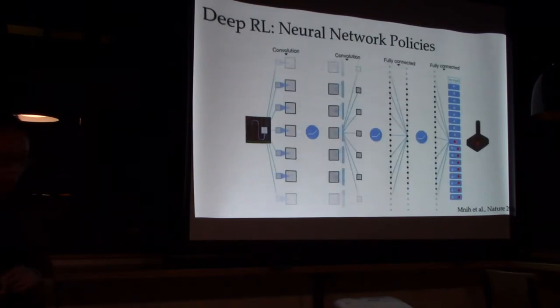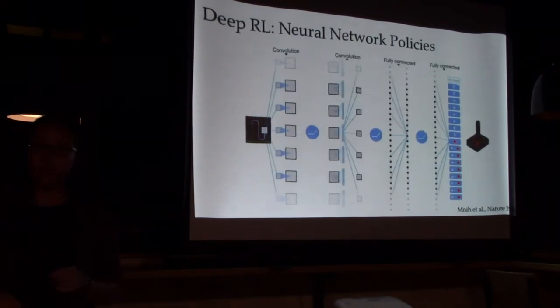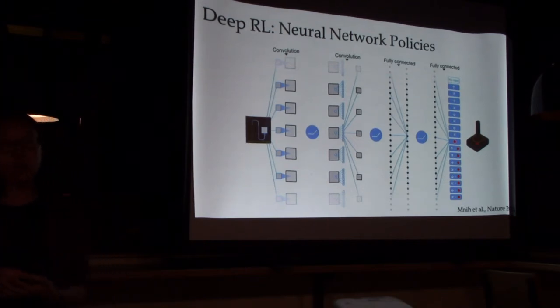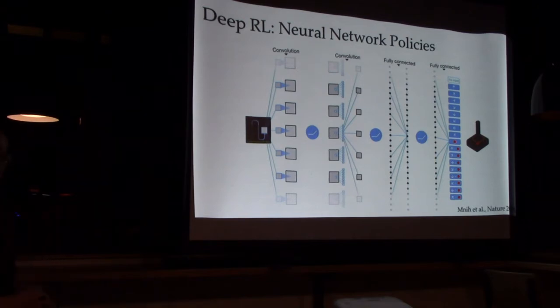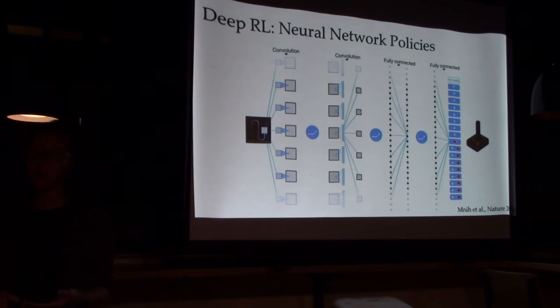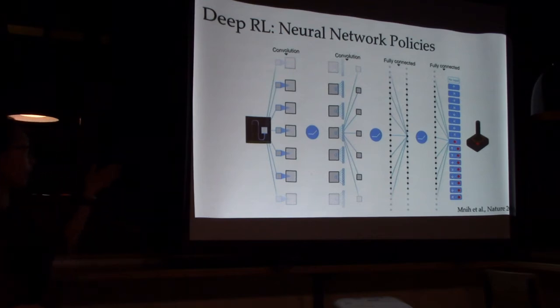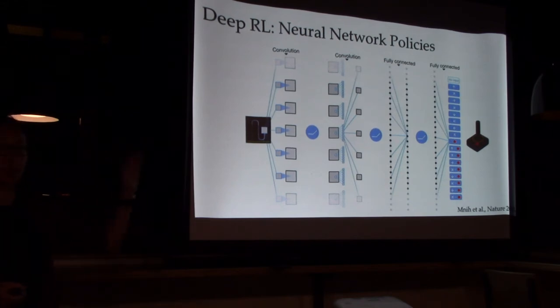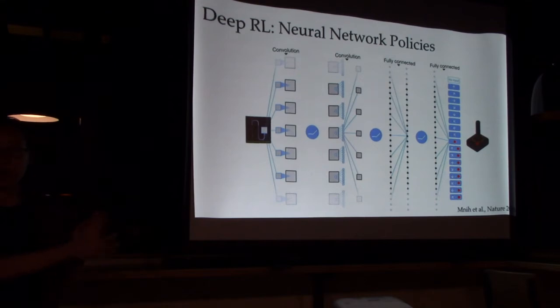And so what we were looking at specifically was deep reinforcement learning, where you parameterize your policy with a neural network. Here, it's the same idea where you have an input to the neural network, in this case a raw image observation of your state. You map that to a particular output, and you learn this mapping between the input and the output.